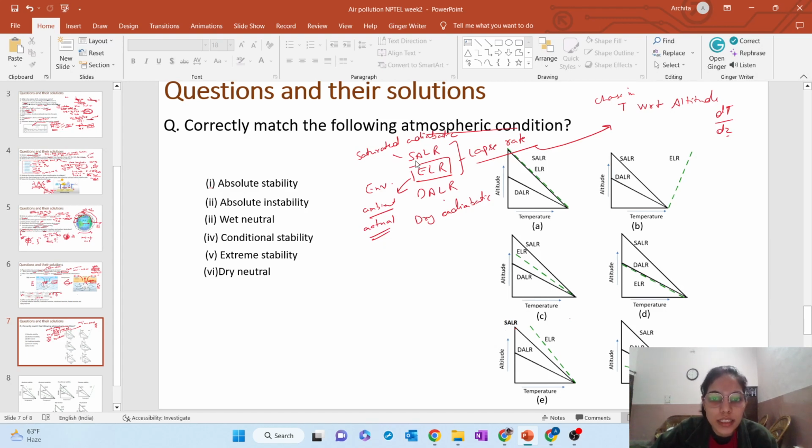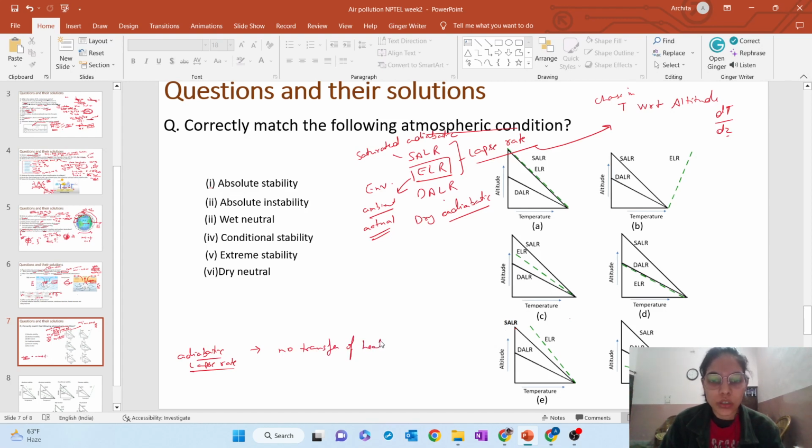Then what are SALR or DALR? They are adiabatic lapse rates, which are lapse rates that we discuss in theory or in the laboratory. Adiabatic, as the term suggests, means there is no transfer of heat.